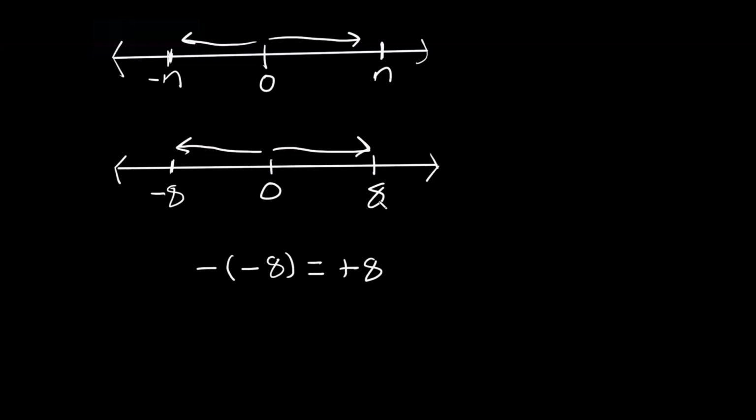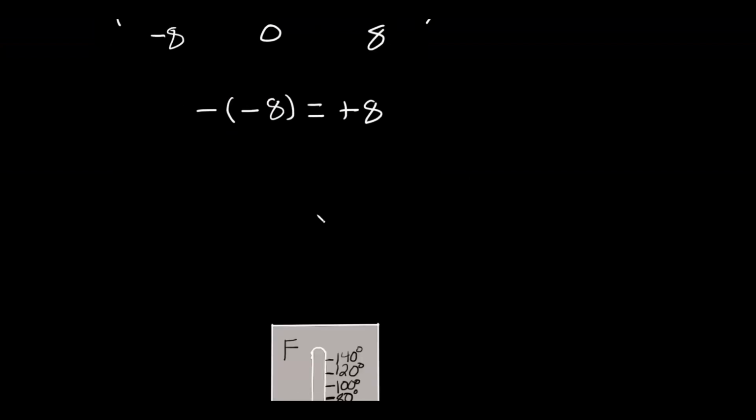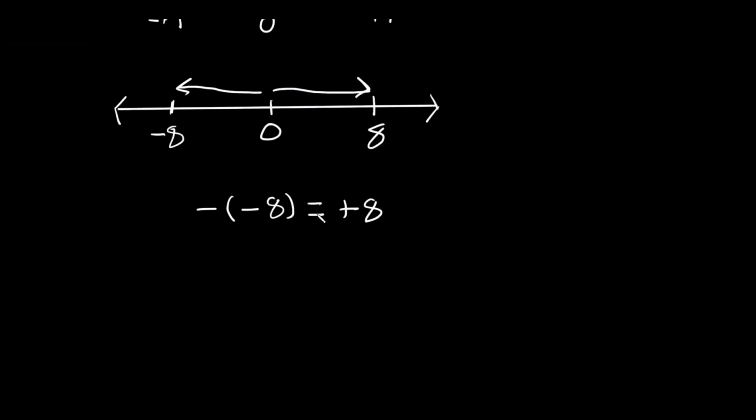So this is true for all numbers. We have the opposite of some positive number a, and I'll write this in parentheses. The opposite of some positive number a is just going to be equal to the negative of a, or negative a.